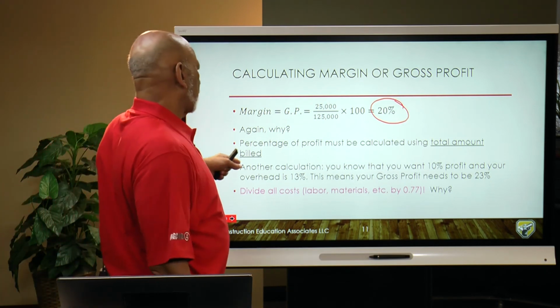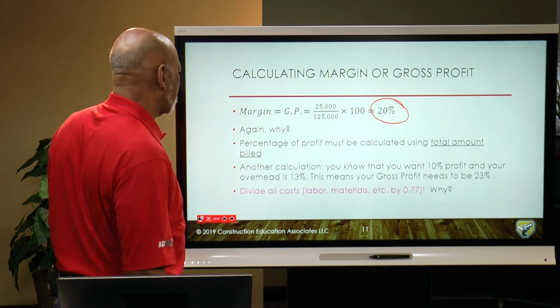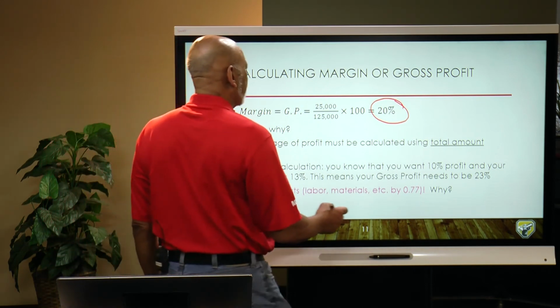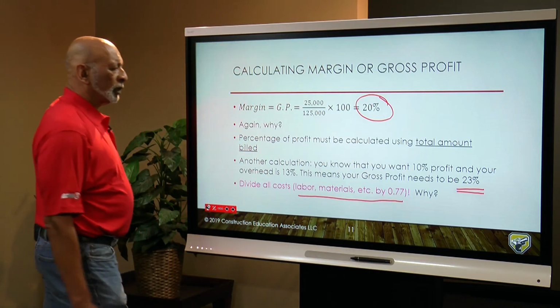Here's a different calculation. You know that you want 10% profit and your overhead is 13%. So your gross profit, which is basically your business profit as well as your overhead, needs to be 23%. So here, what you would do is divide all your costs to do the project by 0.77.